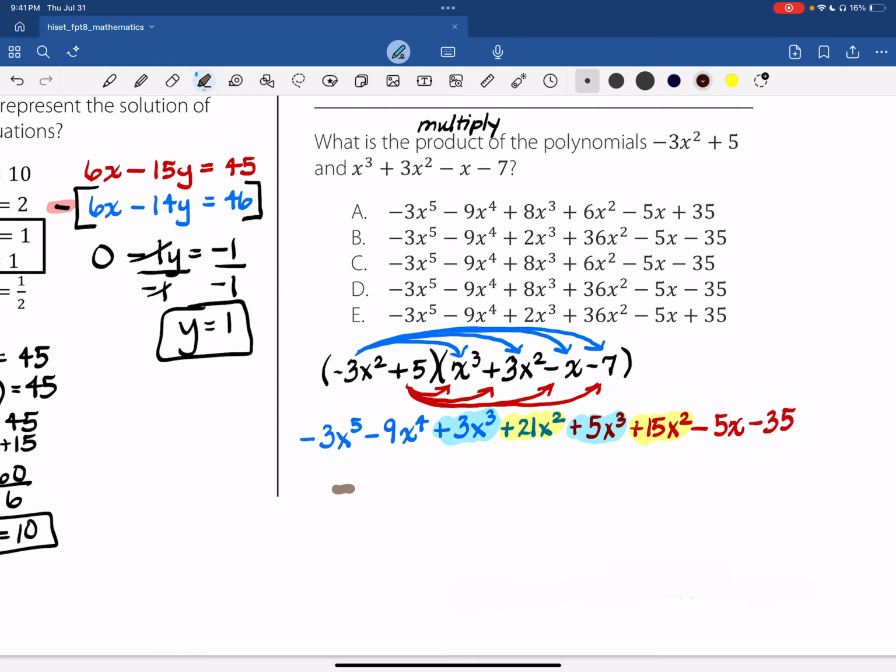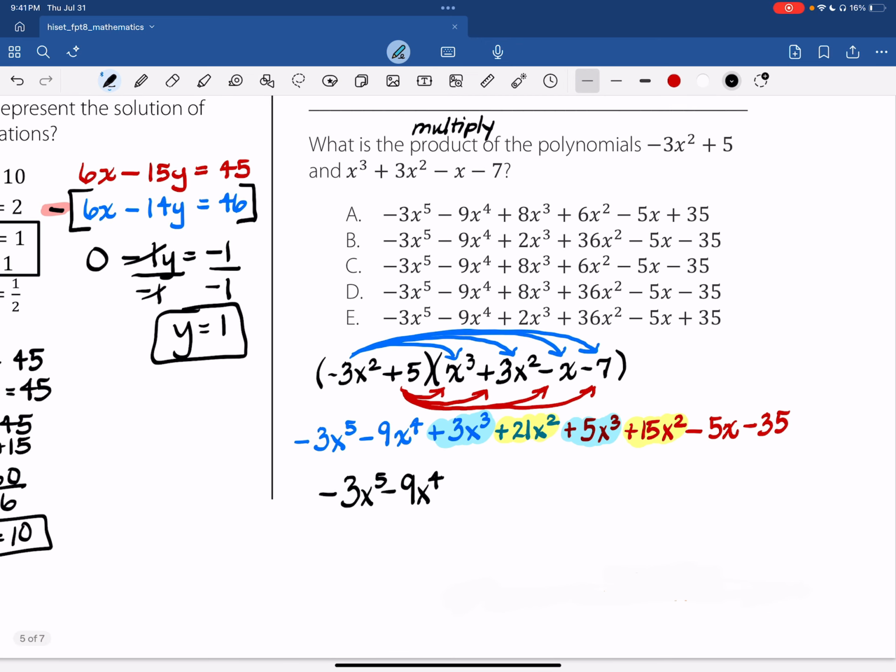We have negative 3x to the 5th, negative 9x to the 4th. Then I have those two terms in blue that need to get combined. That's positive 8x to the third.